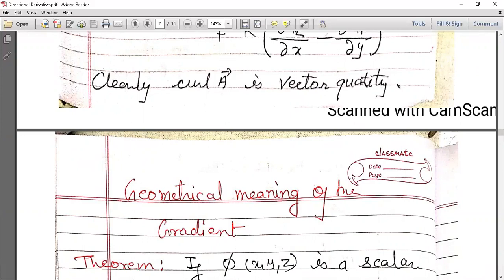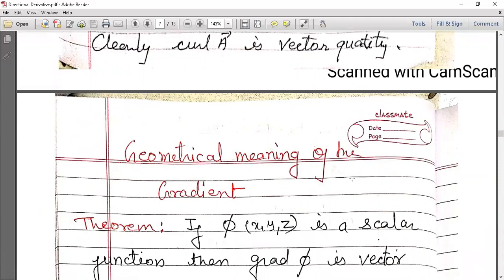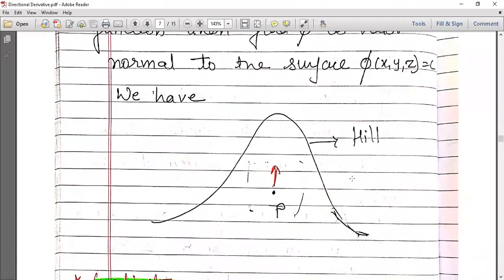Suppose we have a hill, and we consider the surface of the hill in the x and y plane. As we go to the top of the hill, we are moving in the z direction.